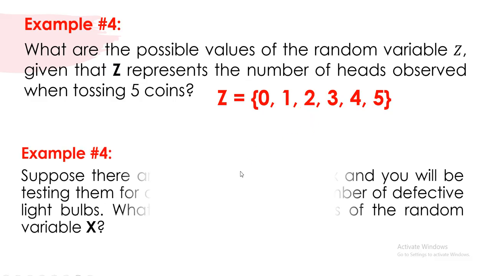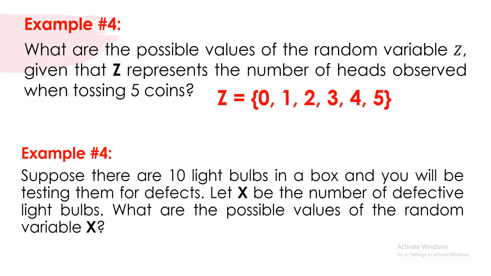Okay? Example number 5. Suppose there are 10 light bulbs in a box, and you will be testing them for defects. Let x be the number of defective light bulbs. What are the possible values of the random variable x? What do you think are the values of the random variable x, the number of defective light bulbs we can get?